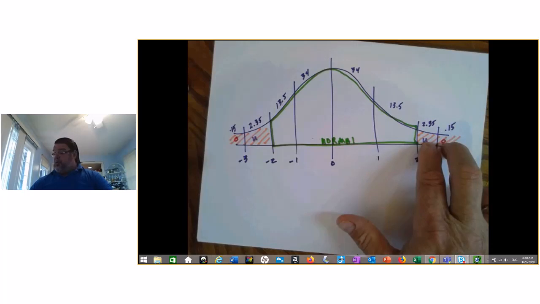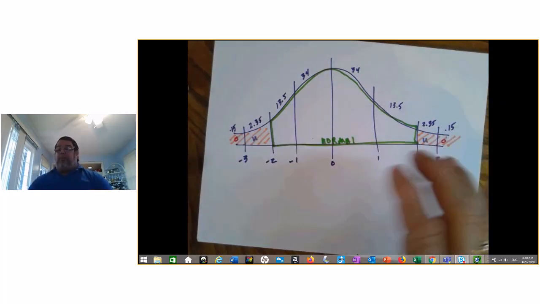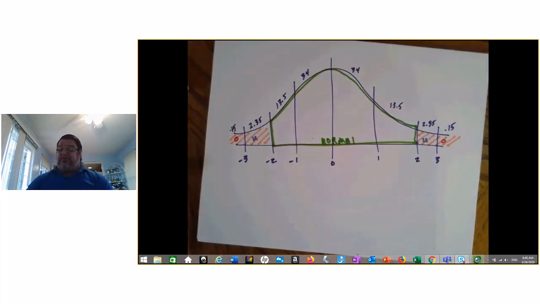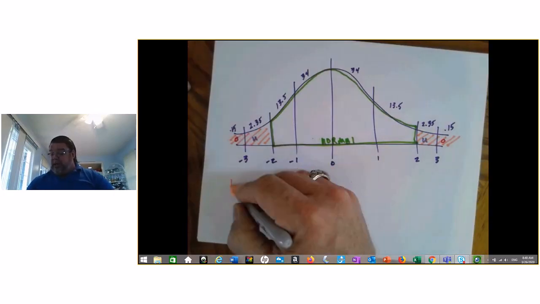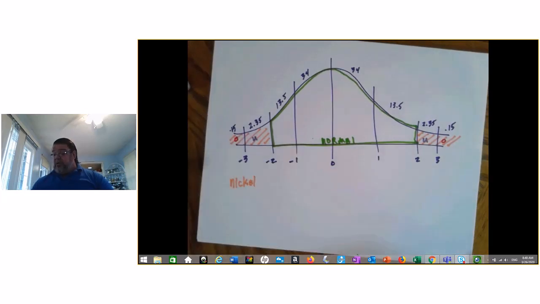So that's a nickel right there. So if you get a probability, and you're going to see this in chapter 7, and it comes out to be 0.02, well, that's 2 cents. 2 cents is less than a nickel, so it's unusual. So you need to write that down because that's going to get you. All right? I call it the nickel rule. I don't think anybody calls it that, but I don't even know how to spell nickel.